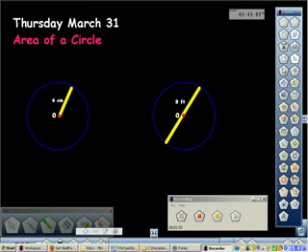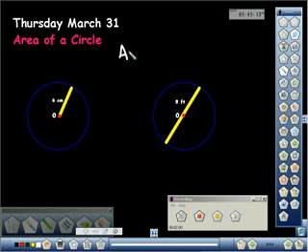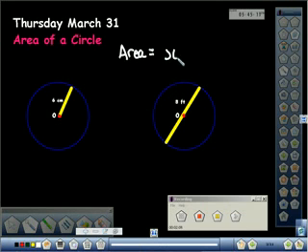There's a formula that we follow for area of a circle. Now, this is where I want you to pay attention real good, and I want you to start to write notes. Area of a circle equals pi times radius squared. Now, squared, oh, so you're going pi times the radius times 2.